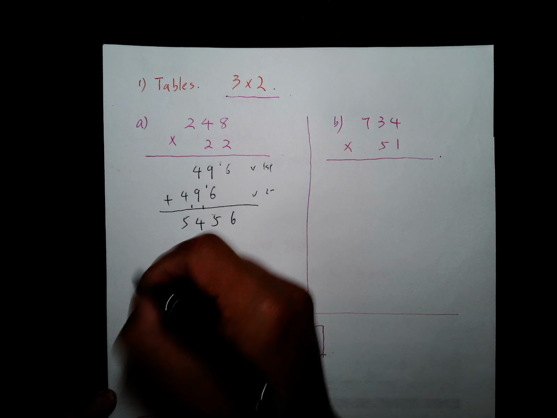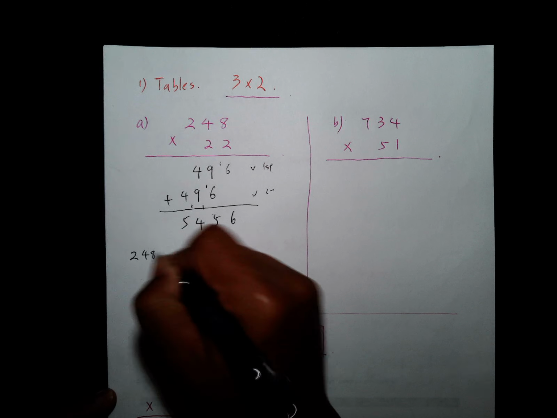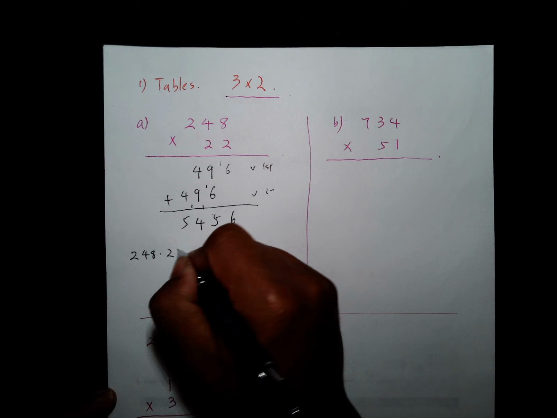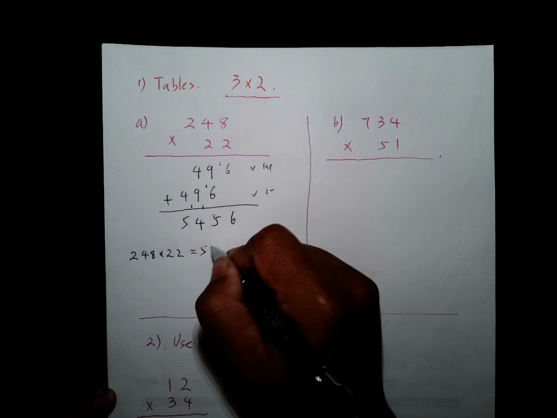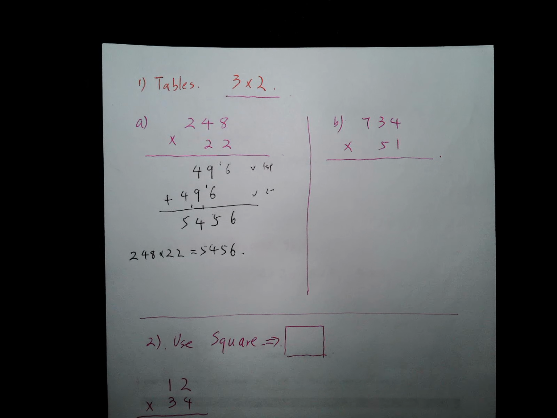So the answer: 248 multiplied by 22 is 5,456.